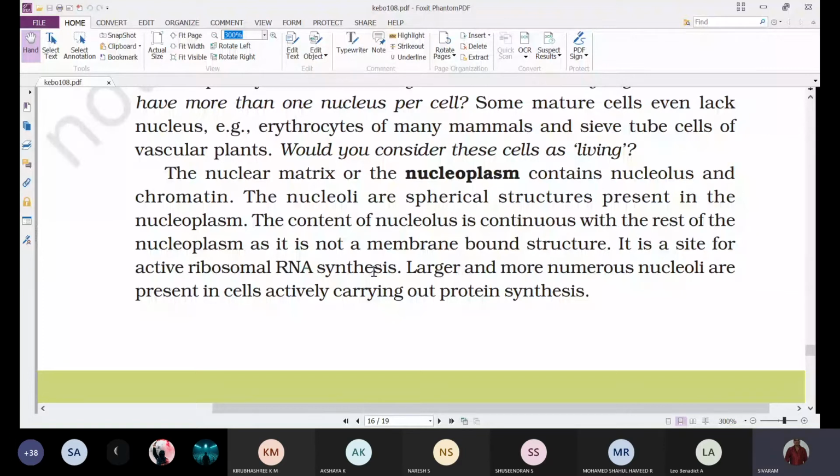Larger and more numerous nucleoli are present in cells actively carrying out protein synthesis.